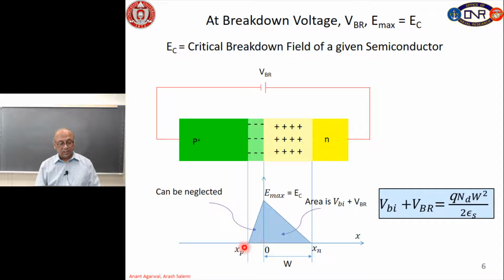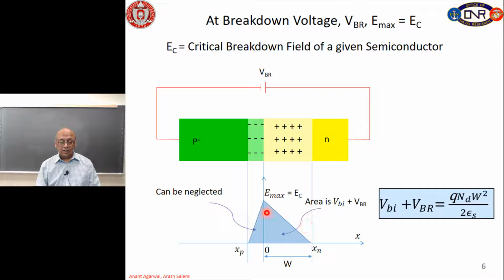We can neglect the depletion width on the p side because p doping is so high that this would be negligible, and we can simply work with electric field on the n side, which has a maximum value at the interface of the p and n junction and goes to 0 at a distance w.